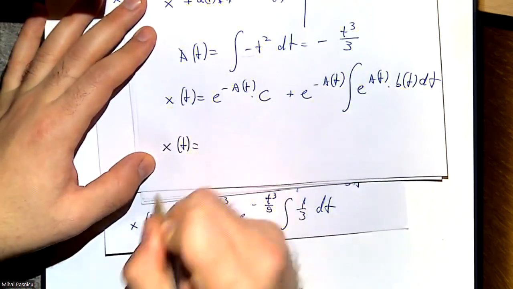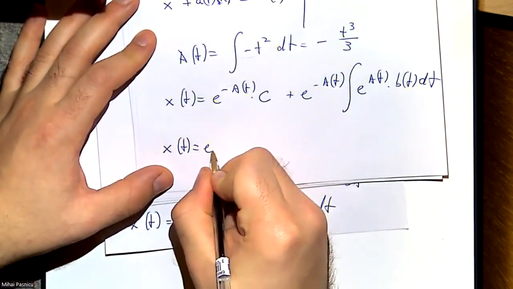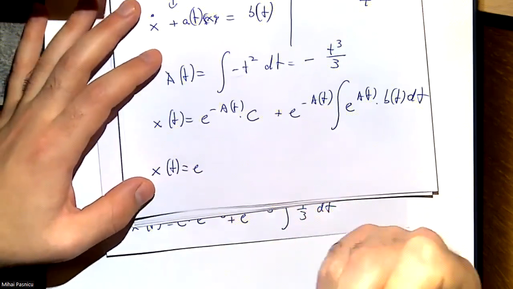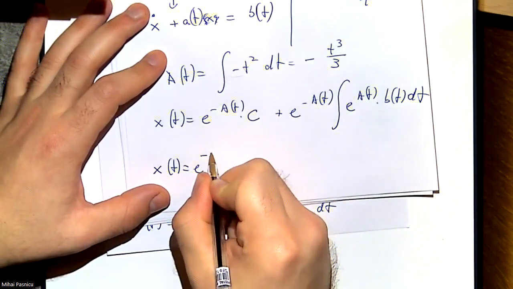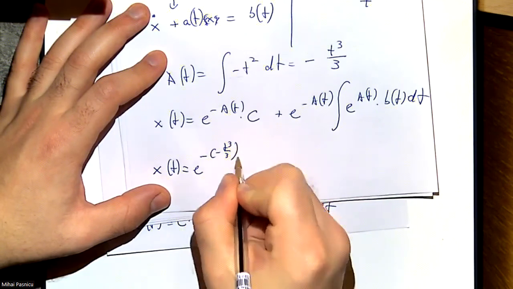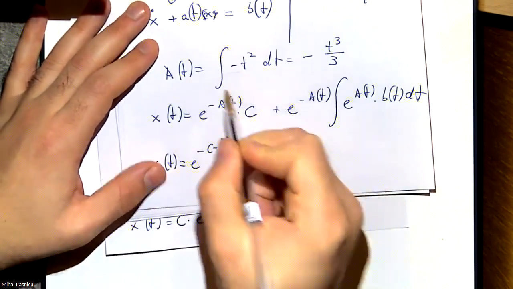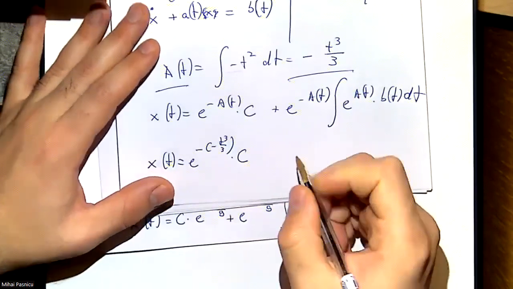X of t is equal to e to the minus t cubed over 3 times the constant. Okay? A of t equals this, we plug it in.